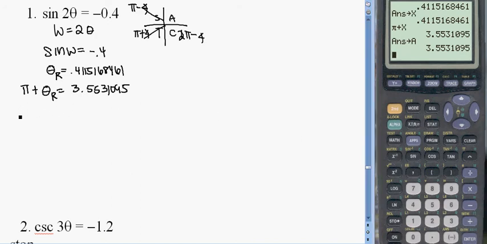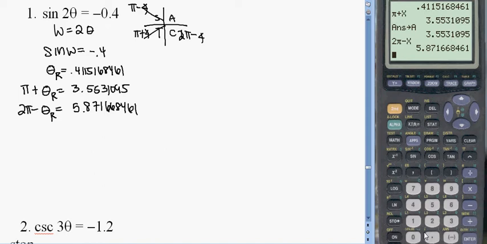And then I'm going to do 2 pi minus my reference angle. So that would be 2 pi minus x, because x is our reference angle, 0.411. That gives me 5.8716684661, and I'm going to store that as B. Now I need to add 2 pi to both of these angles.